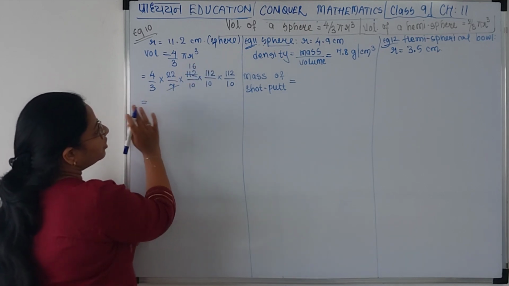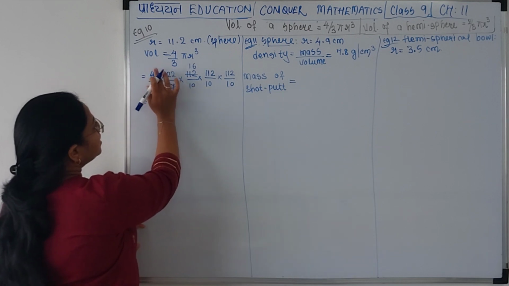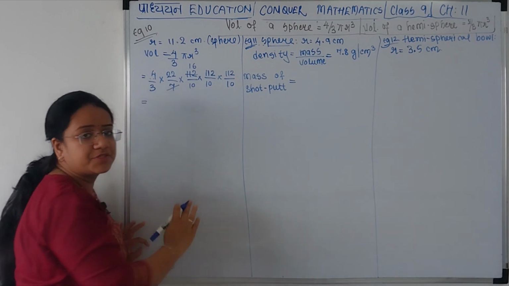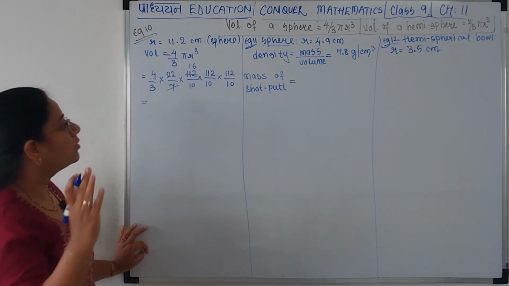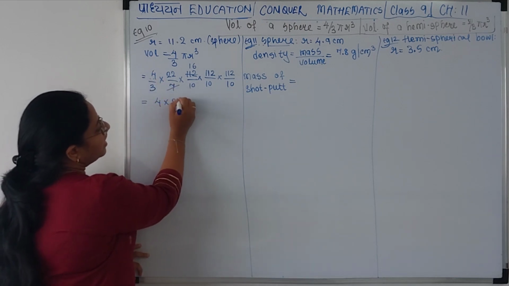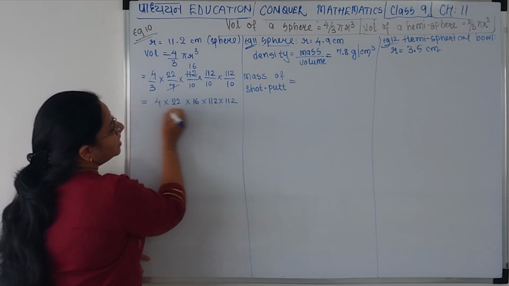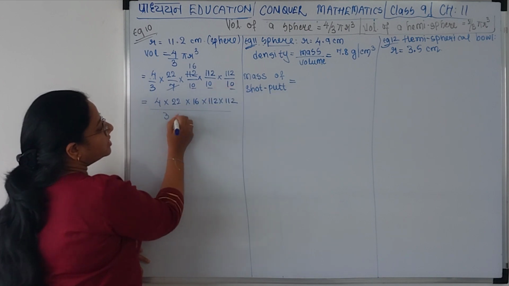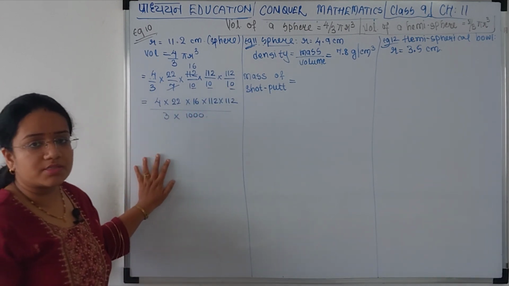There is nothing more you can do, you can simply go for 2's, but if you do that, here you will be left with 5's, which we do not want because it will get complicated. What you have to do is, you have to simply multiply the numbers in the numerator and then divide it by 3. Whatever the answer is, put the 3 decimal points. Alright, that's what you are supposed to do.